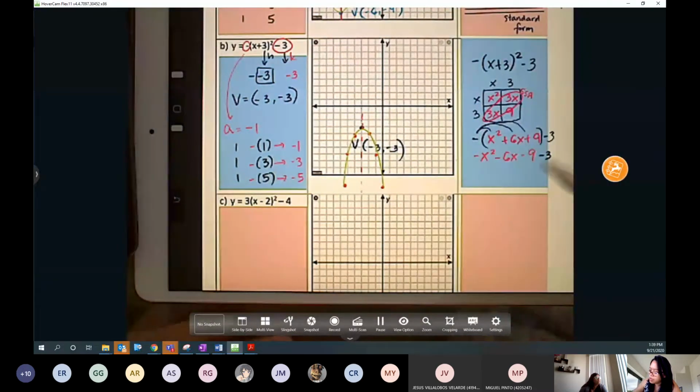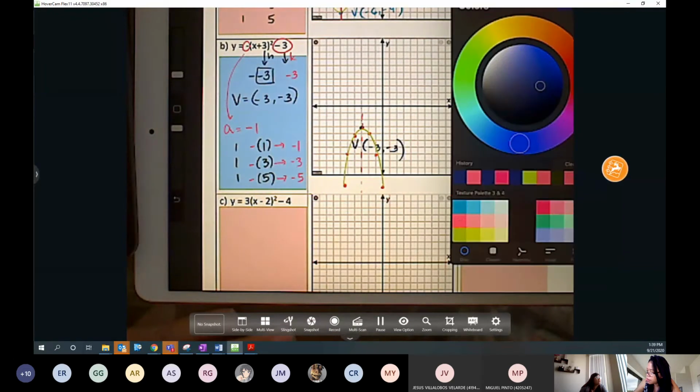Then I put a minus 3. And then I can already simplify this too. These are same signs, add. So 9 plus 3 is 12. The bigger number is negative, so minus 12.